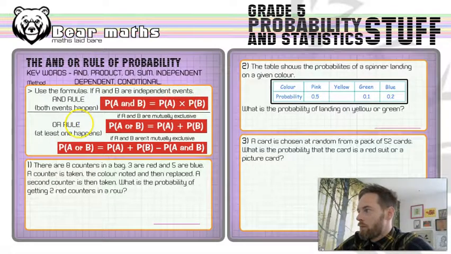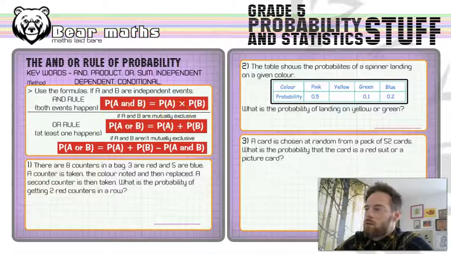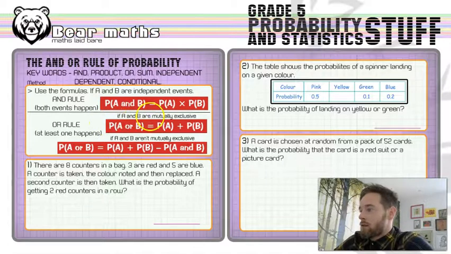The or rule, there's a couple of versions here. If A and B are mutually exclusive, and I've done a video on mutually exclusive events, i.e. one thing happens and the other thing can't happen at the same time, then you can add the probabilities.